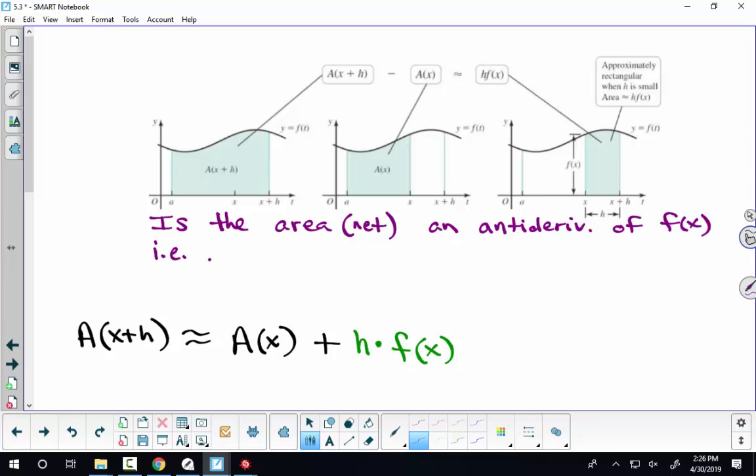That is, for any continuous function on [a, b].